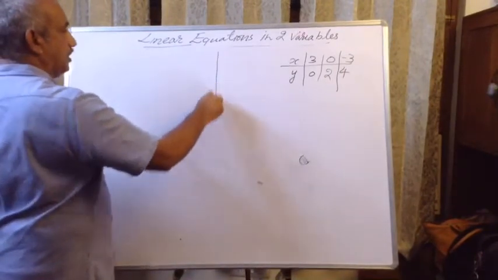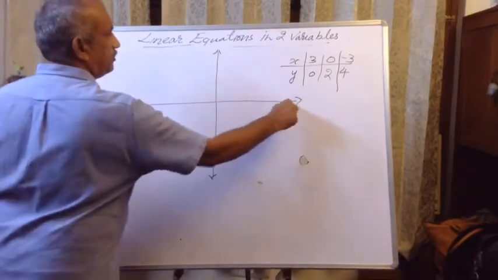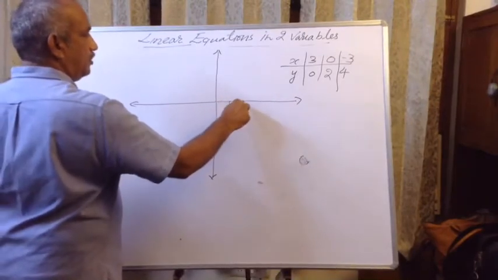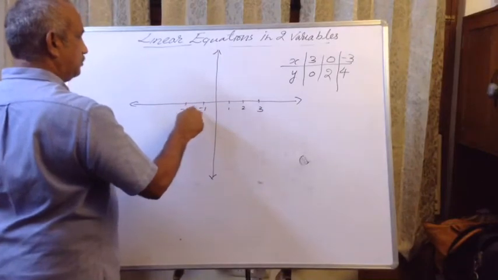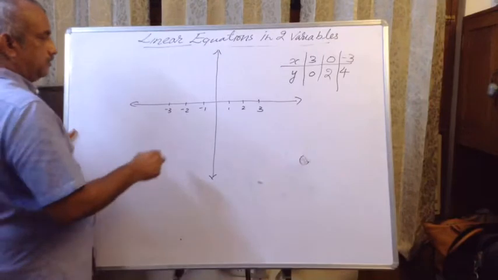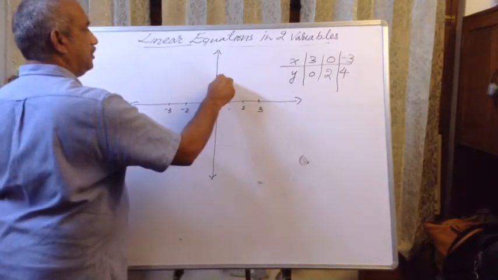Now let us draw the graph and check whether it is a straight line or not. Say x: 1, 2, 3, minus 1, minus 2, minus 3, and y: 1, 2, 3, 4.